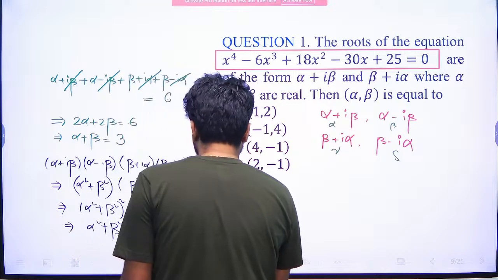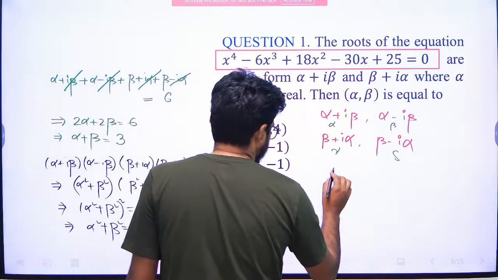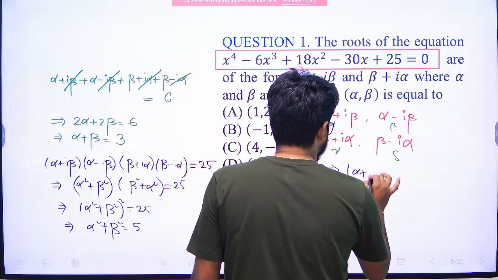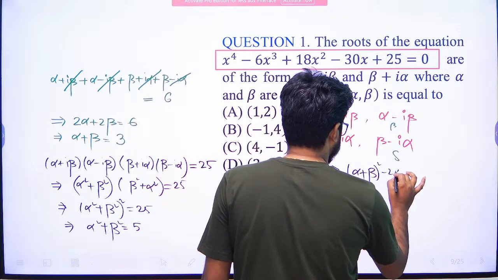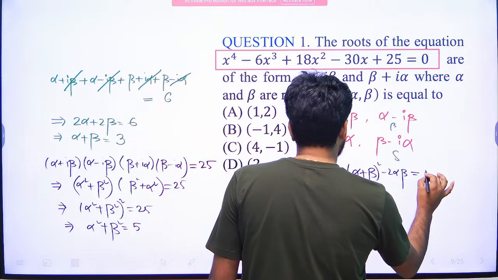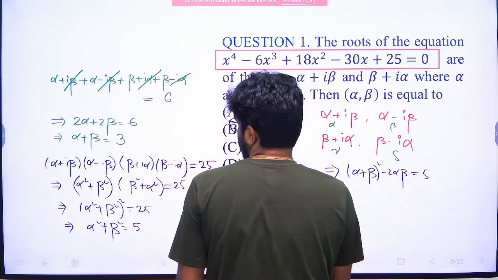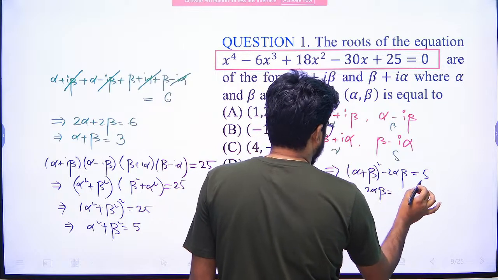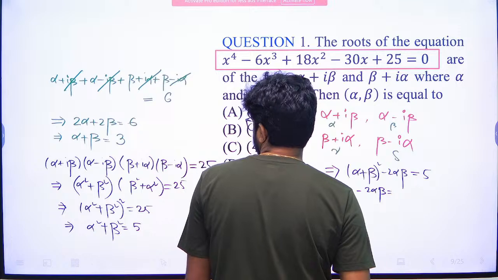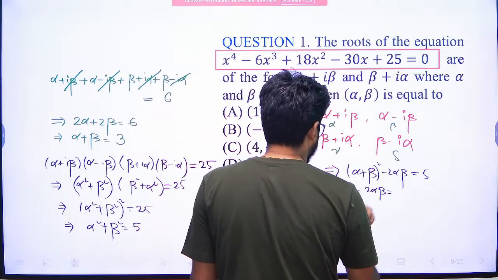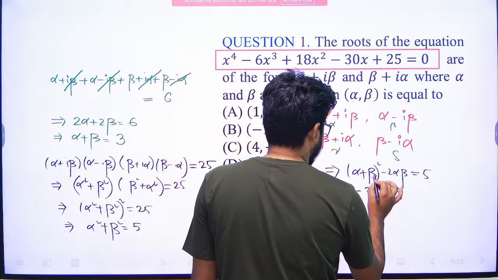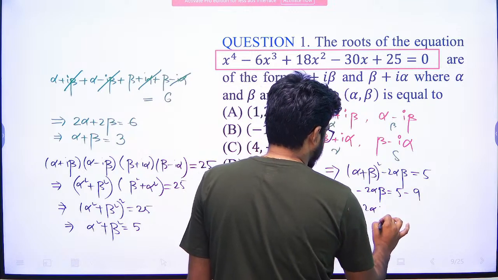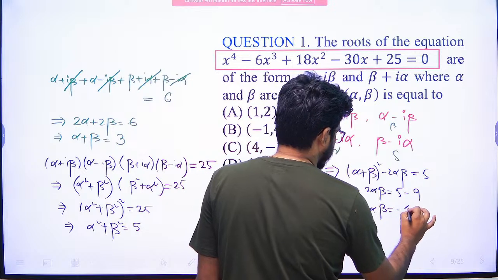This implies alpha plus beta whole square minus 2 alpha beta is equal to 5. Alpha plus beta is 3, square is 9, so minus 2 alpha beta is equal to 5 minus 9, that means minus 2 alpha beta is equal to minus 4.